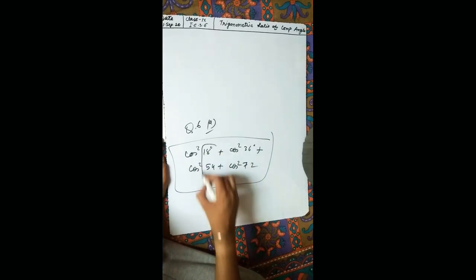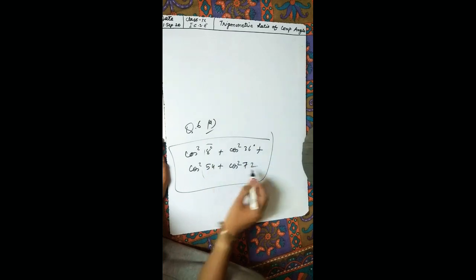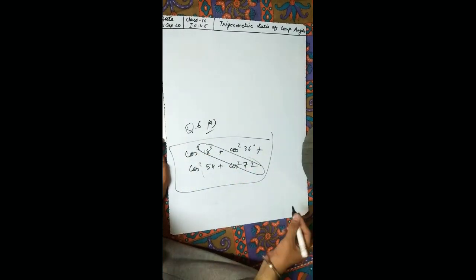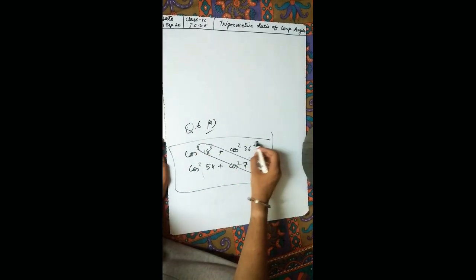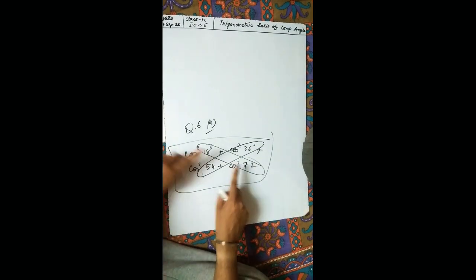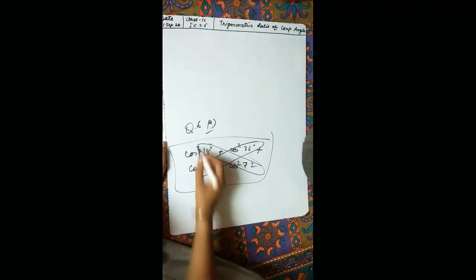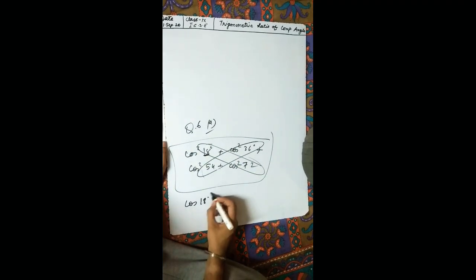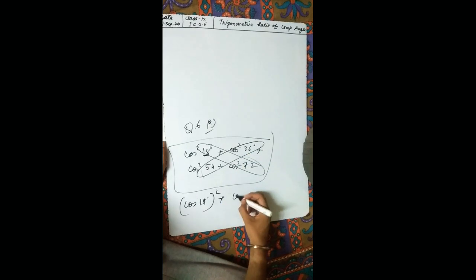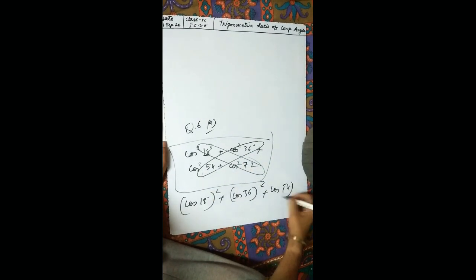Now this 18 and 72, if you add, you'll get 90. And this cos 36 and 54, you'll add, you'll get 90. So these two, they both are related. How? This is square, so I'm writing cos 18 the whole square plus cos 36 the whole square plus cos 54 the whole square plus cos 72 the whole square. We can write like this.